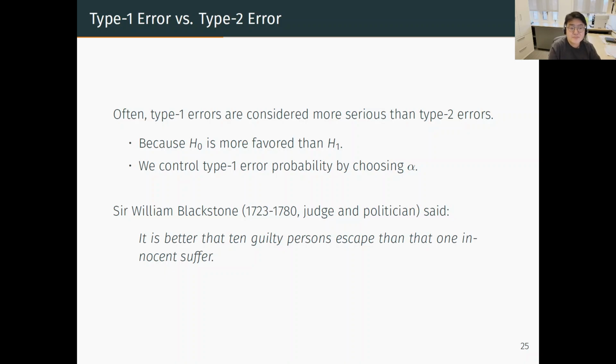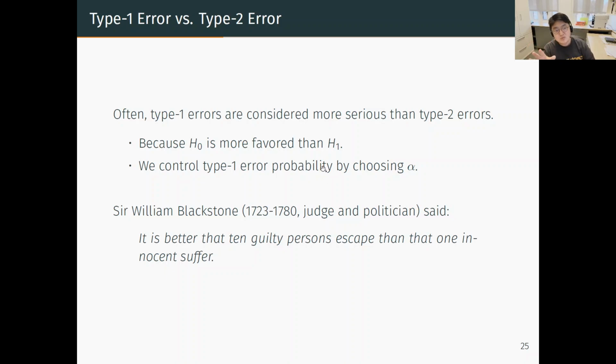In general, the philosophy is that type 1 errors are a more serious problem than type 2 errors. That's just the underlying philosophy, and that's why we favor the null hypothesis over the alternative hypothesis. It's like presumption of innocence. We would like to assume that everyone is innocent.